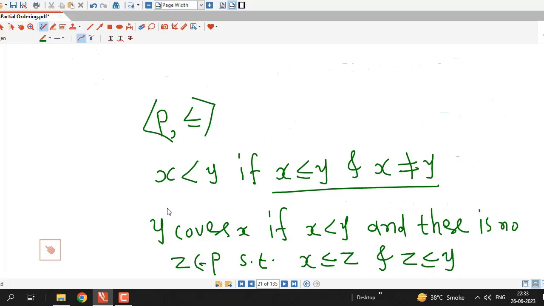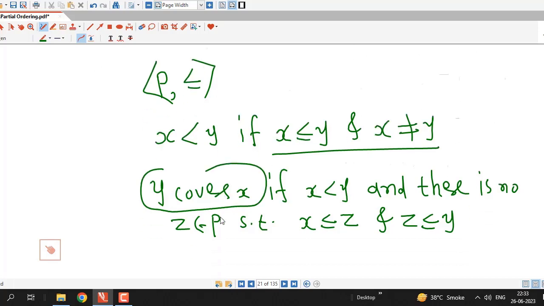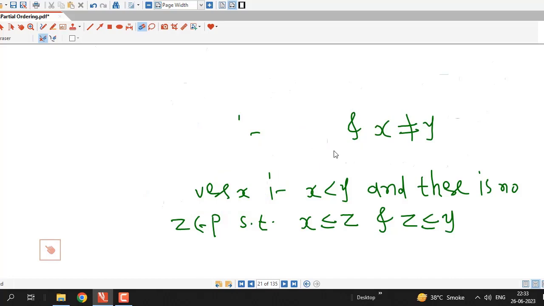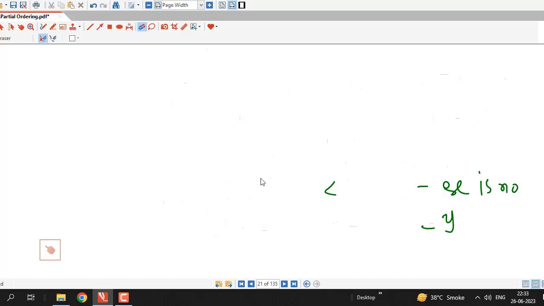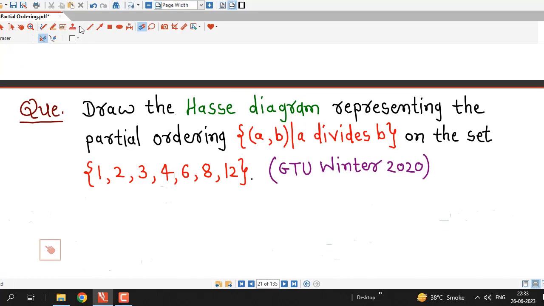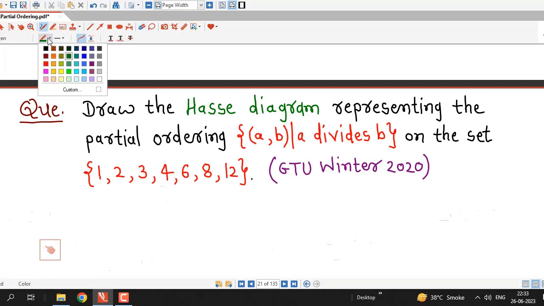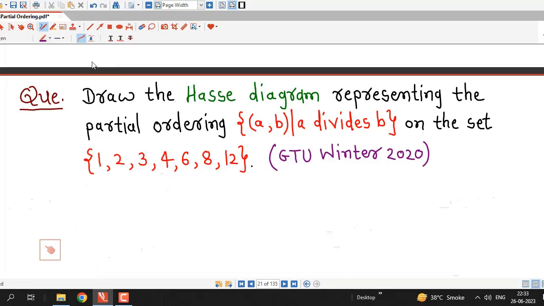If this happens, then we say that y covers x, and these two things are very important in the drawing of a Hasse diagram of a partially ordered set. So once you have understood these two terminologies or these two definitions, you can easily draw the Hasse diagram of a partially ordered set, whatever relation is given.